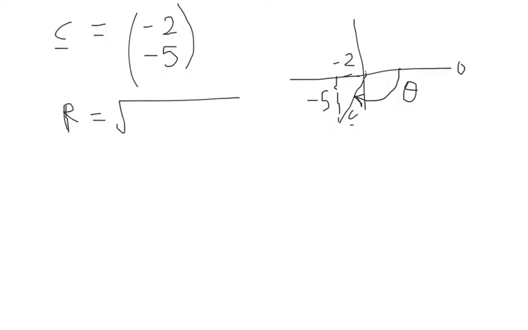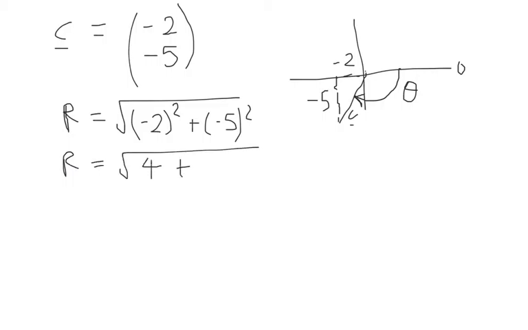R is the square root of -2 squared plus -5 squared. So r equals 4 plus 25 square rooted, 29. Then we can work out theta using inverse tan.